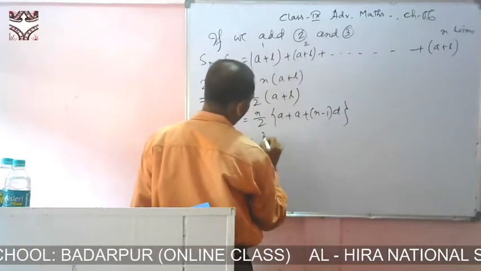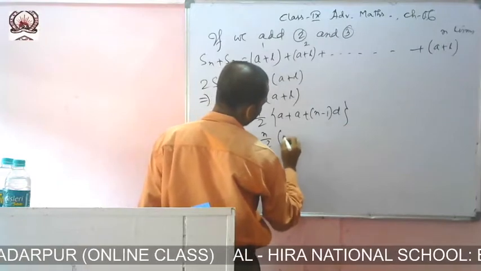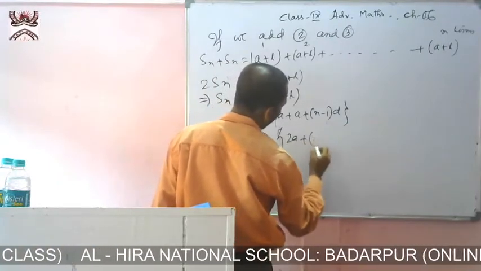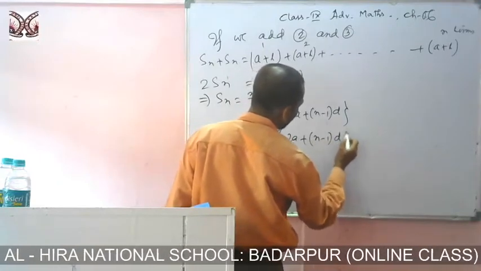So it is n by 2 into twice a plus n minus 1 into d.